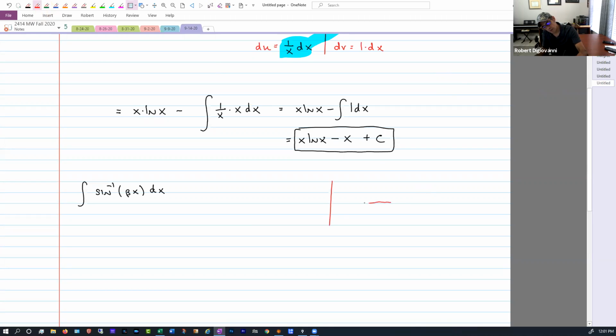Now, what you should be thinking here is that you know the derivative of arcsine of something, right? You know the derivative, but that's not what we're asking. We're asking for the antiderivative, right? So what are you going to choose for u, and what's dv? Or sorry, I put du, that should be dv.